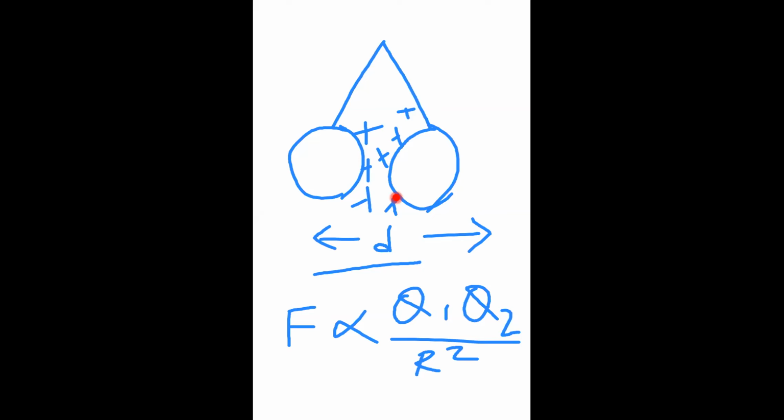The force between any two objects in electrostatics depends on how much charge is present in the system, say Q1 and Q2, and what the distance between those objects is. Please, one thing is very clear. Once you keep these two balloons here, do you think that once the force is applied, the distance D will remain constant?